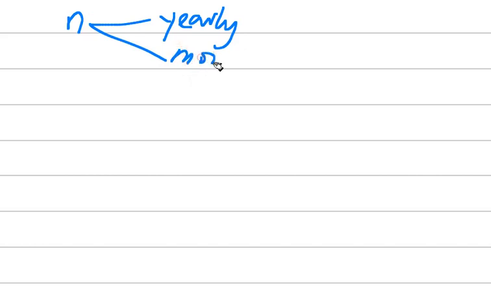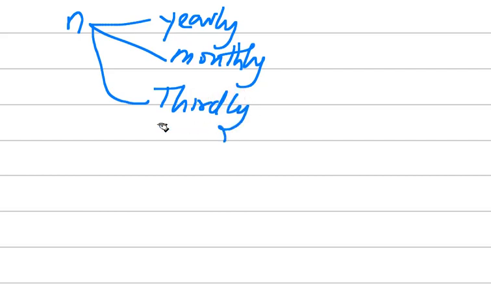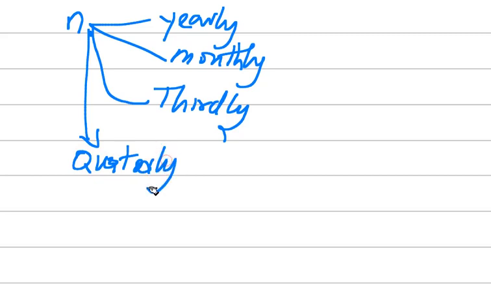Now we are still talking about n under compound amount. I told you that n is the number of conversion periods, or how many years of investment. n goes in different ways. n can be yearly, n can be monthly, n can be thirdly, n can be quarterly, n can as well be weekly.